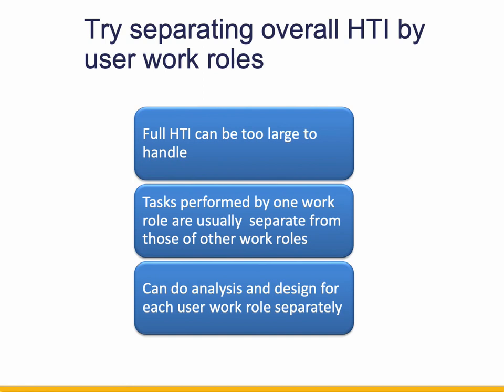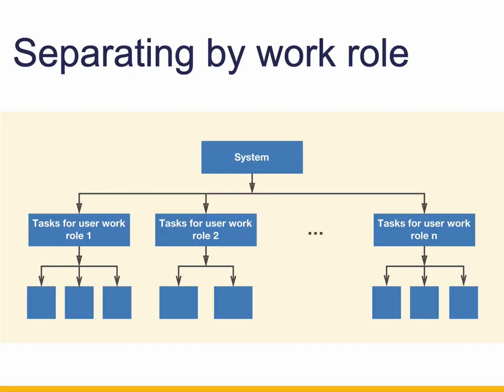But the idea is that we can do analysis and design for each user work role separately. If we have a system and different work roles, we can separate the tasks for each work role. Here you see a system, tasks for work role 1, work role 2, work role 3, n being any number. This could be as many work roles as you can define, but this is the best way to create your HTI.